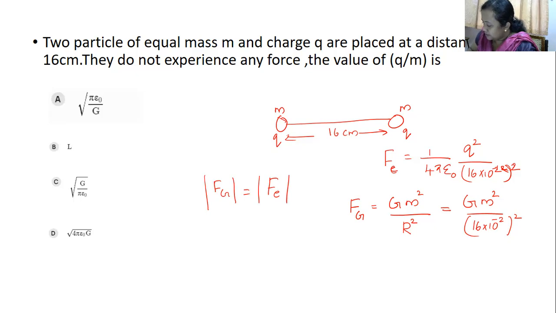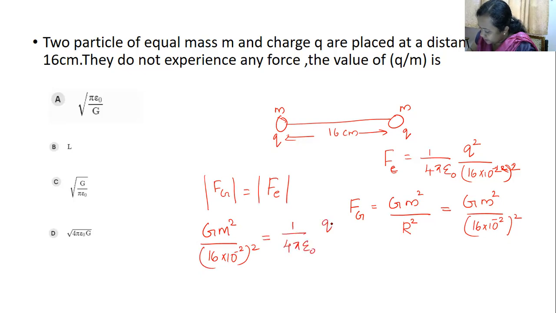So we are getting that Fg is equal to Gm square divided by (16 into 10 raised to minus 2) square, that is equal to 1 by 4 pi epsilon 0 q square divided by (16 into 10 raised to minus 2) square.